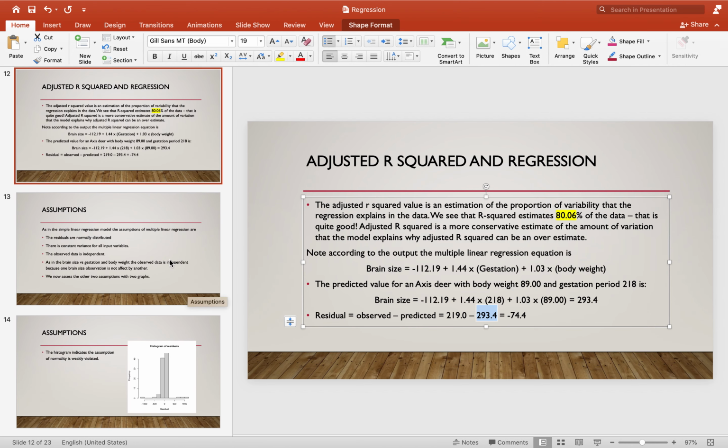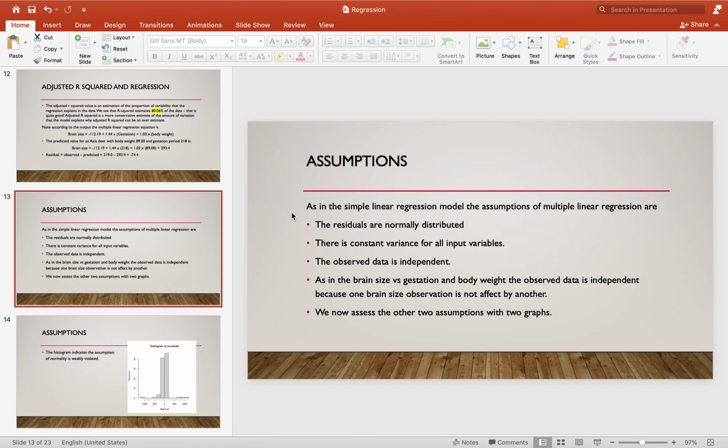Now, multiple linear regression has assumptions. Let's briefly go over that. The assumptions are that the residuals are normally distributed. Oftentimes you'll see a textbook just state that the data is normally distributed, but the two are synonymous. Some textbooks say residuals, some say data.